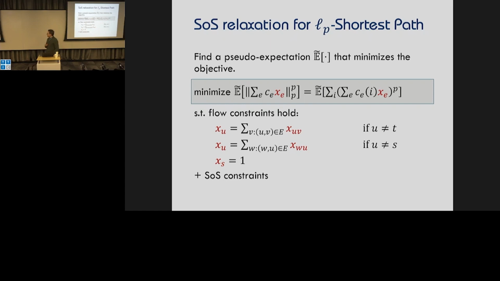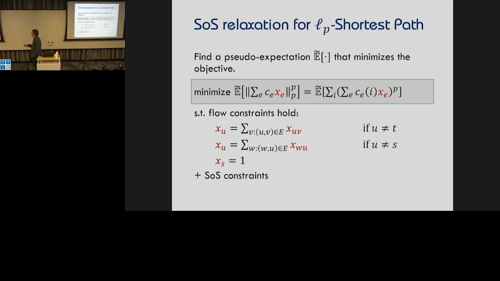We still require that x defines a unit s-t flow. For convenience, let's introduce these extra variables x_u. So x_u is the amount of flow that enters vertex u. This first constraint tells us that x_u is equal to the amount of flow that leaves u.